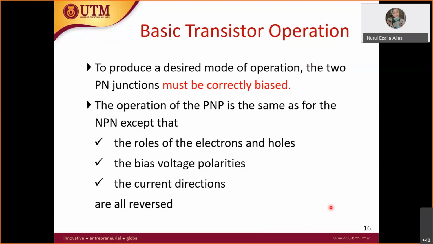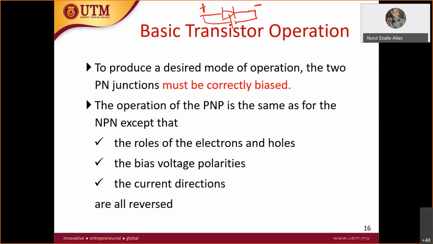In this case, if you want your BJT to behave in active mode, the active region, you must connect it correctly. For example, if you want to make your diode forward biased, you must connect this side to the positive terminal and the other side to the negative terminal, am I right?